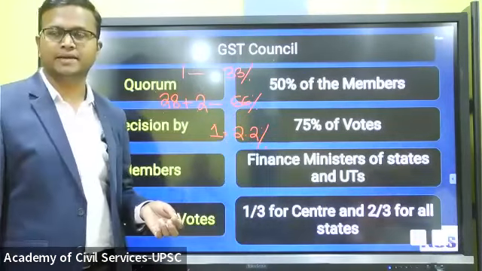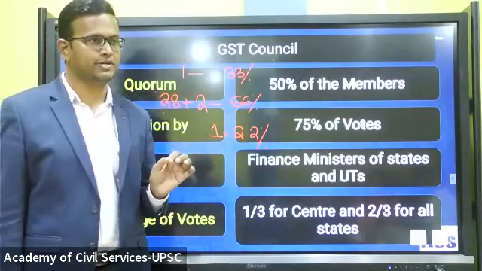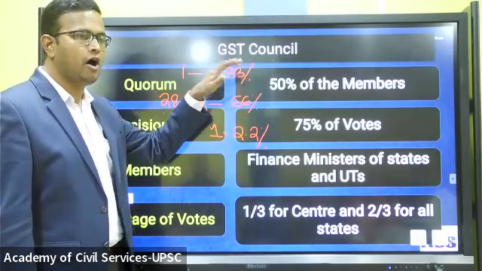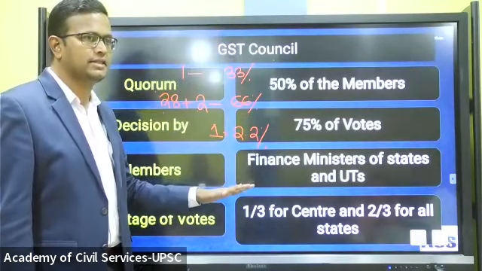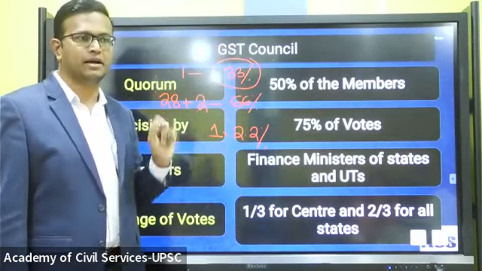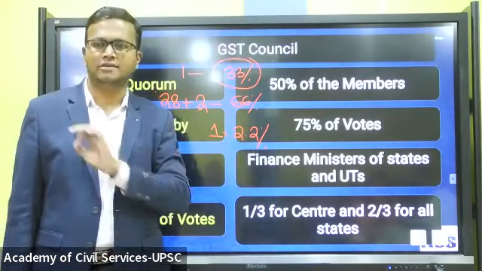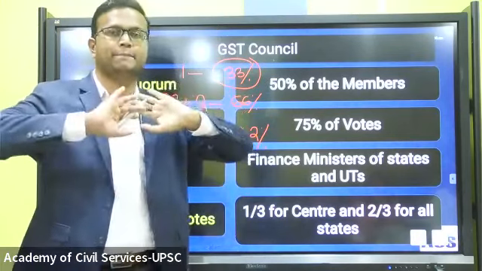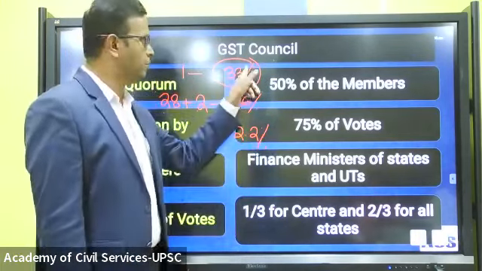To take a decision, 75% vote is required. That means if the center alone supports a decision and all the states are opposing it, is it possible? No, only 33% vote will come. Now imagine all the states, 28 states and 2 union territories, everybody supporting a decision and the center opposing it.